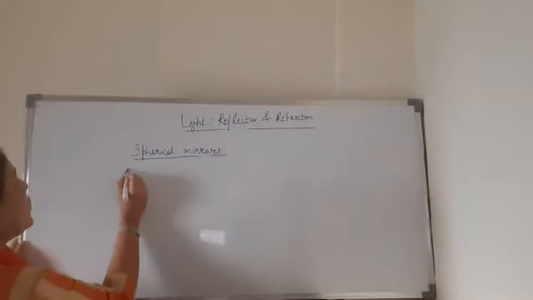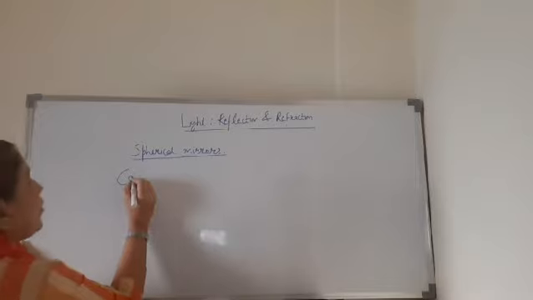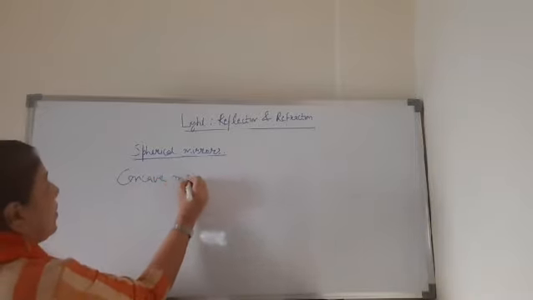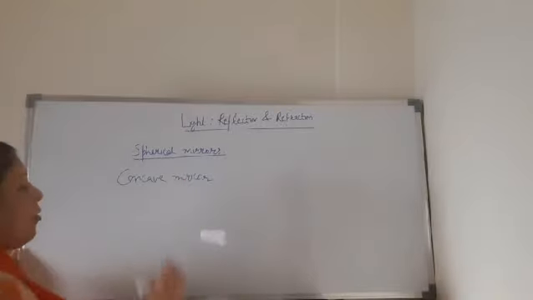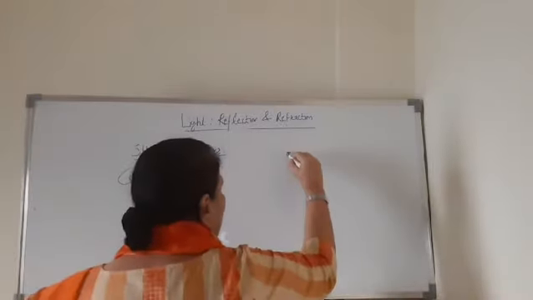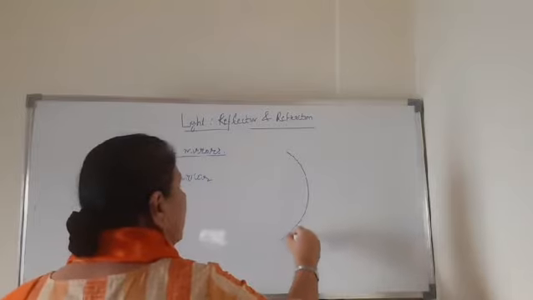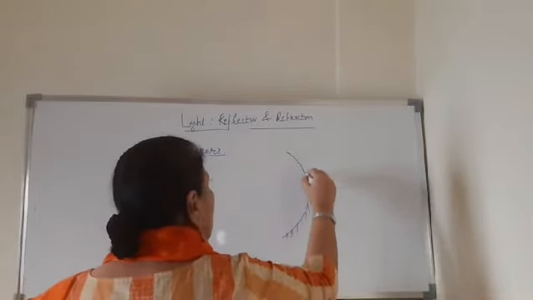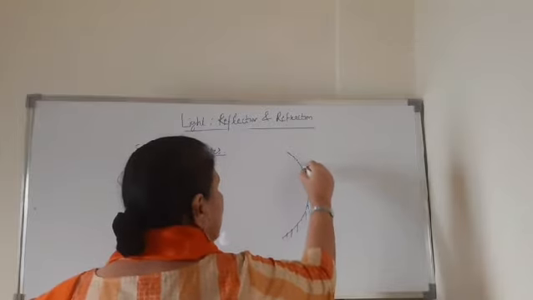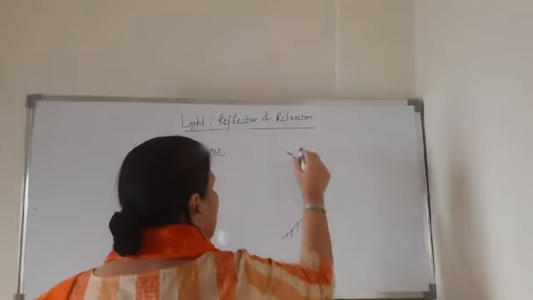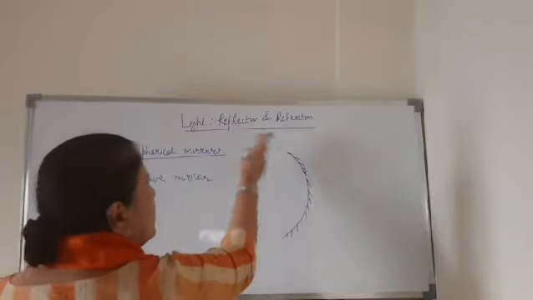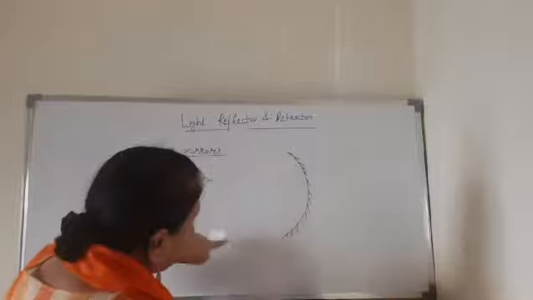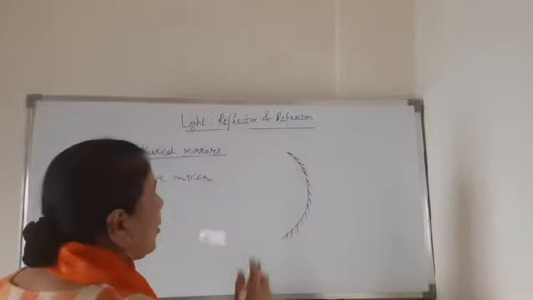So when we talk about the concave mirror, what will happen here? If I take a big mirror, this is the back of it, where I am just making these short small lines. Suppose it's a glass piece like this, then this part is the concave mirror.